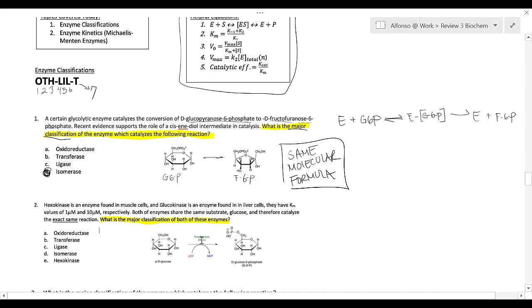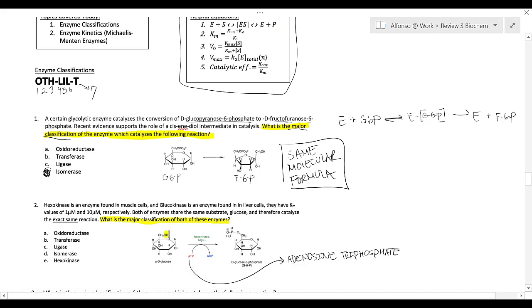So ATP was turned into ADP, and one of those phosphates from adenosine triphosphate, so ATP stands for adenosine triphosphate, one of those phosphates is being donated to this molecule.